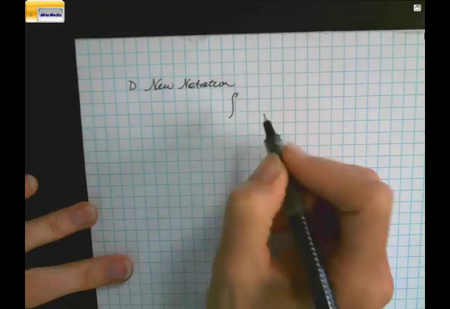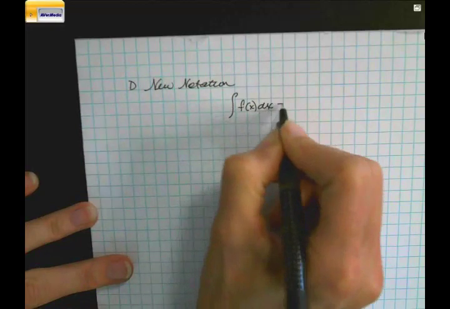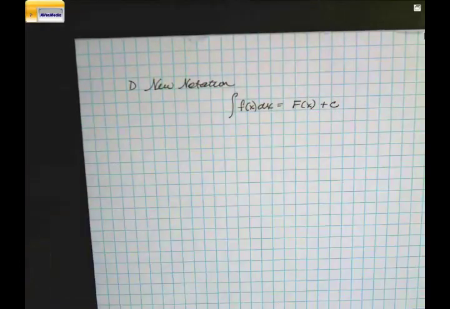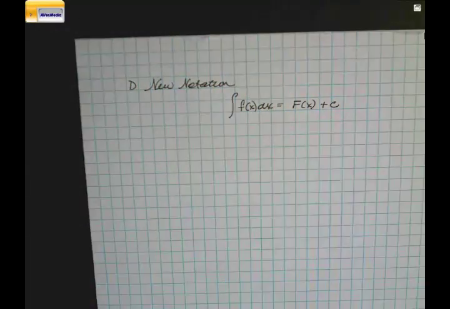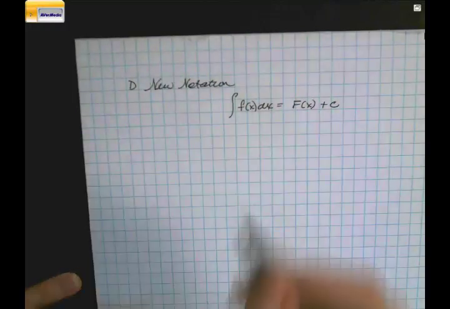And this is what it looks like, an elongated S. Okay, so instead of having to say take the antiderivative of the given function, they can just put this integral sign.